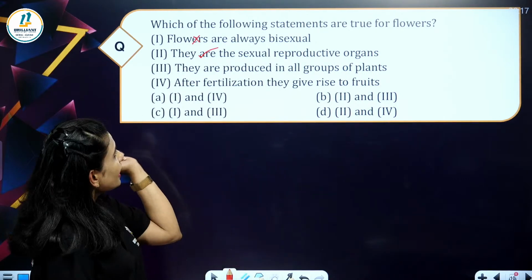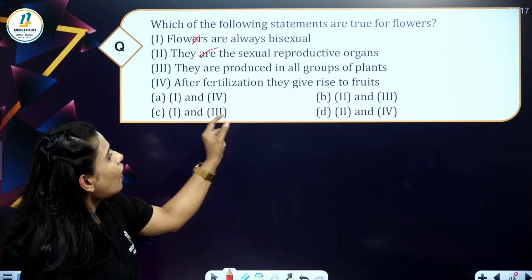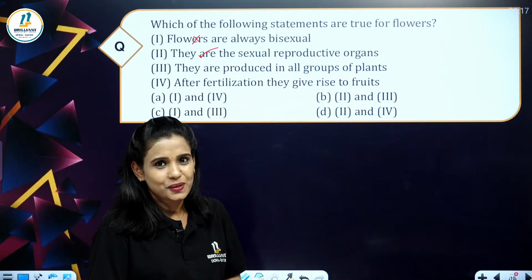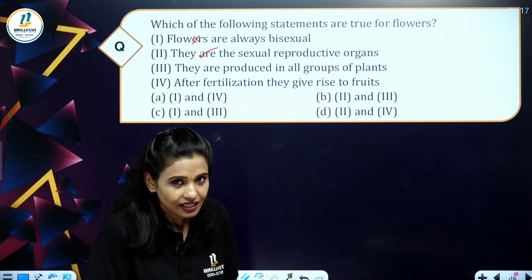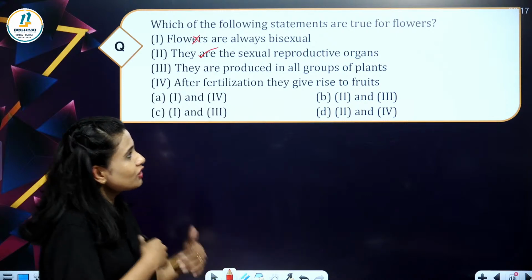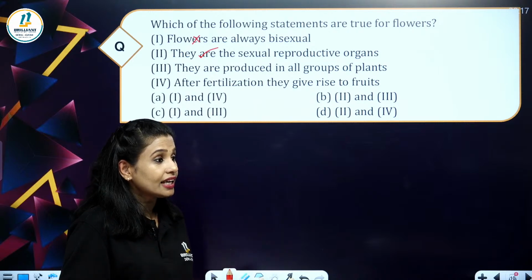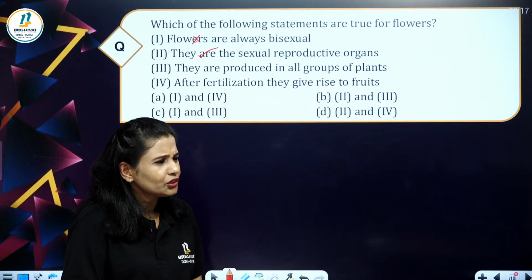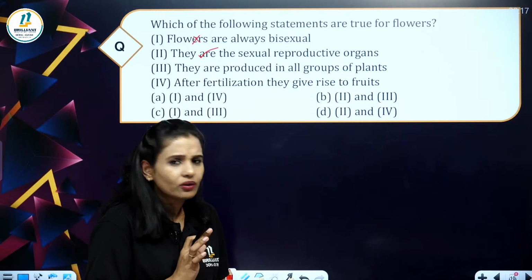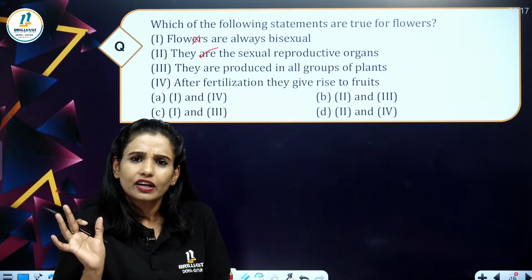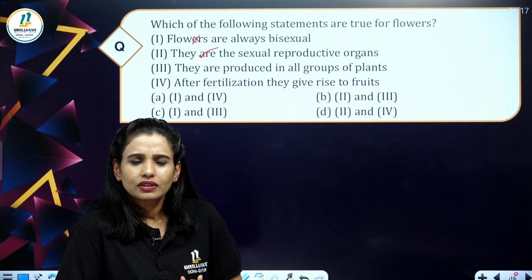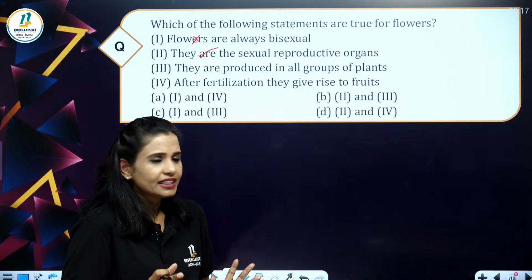Now third one, they are produced in all groups of plants. Is that correct? Did you study like that? Flowers are there in all the plants? Did you see flowers in all the plants around you? Did you observe it?